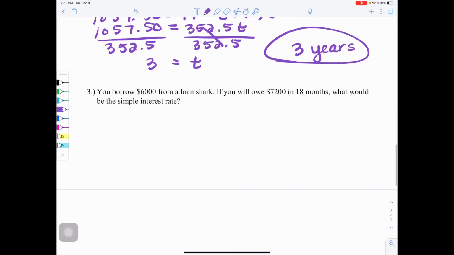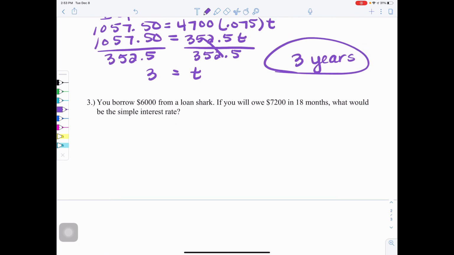And then lastly, practice question 3. You borrow $6,000 from a loan shark. If you will owe $7,200 in 18 months, what would be the simple interest rate? So we're still starting with I equals PRT, our formula. We're going to plug in what we know already. Now this one takes a little bit of thinking here.